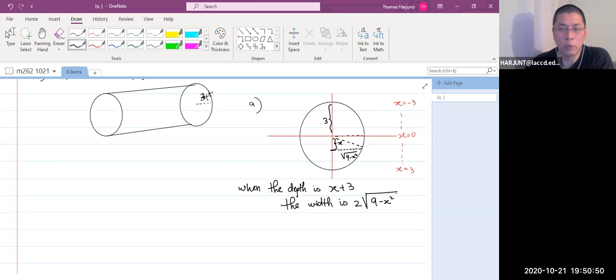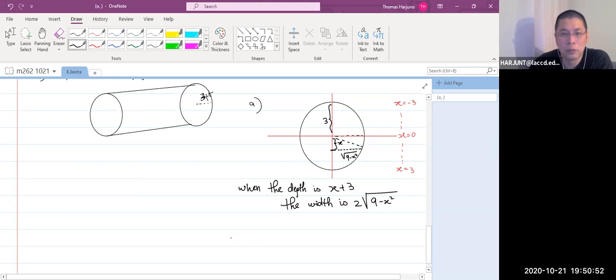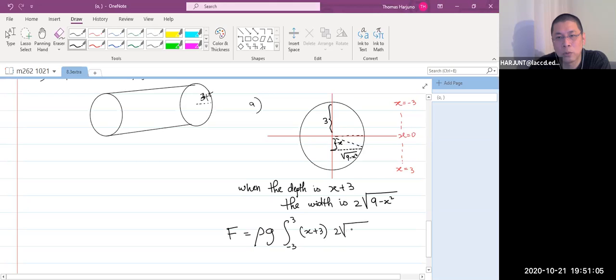The integral will be from -3 to 3. So the hydrostatic force will be rho g integral from -3 to 3 of x plus 3 times 2 square root of 9 minus x squared dx.